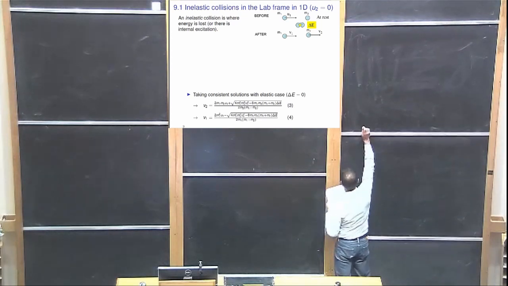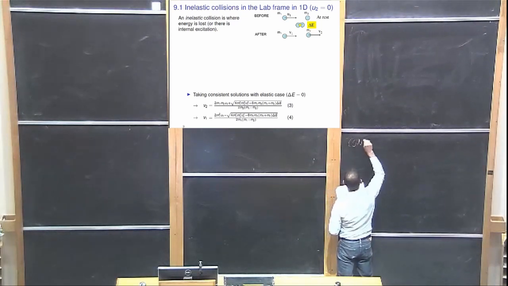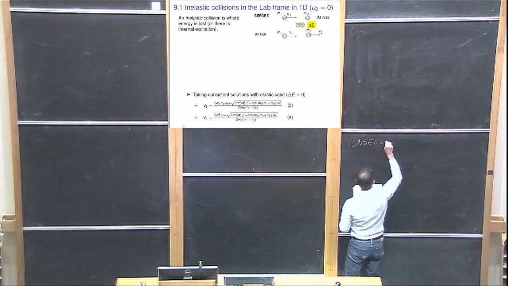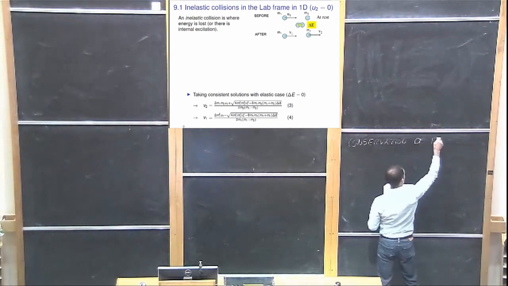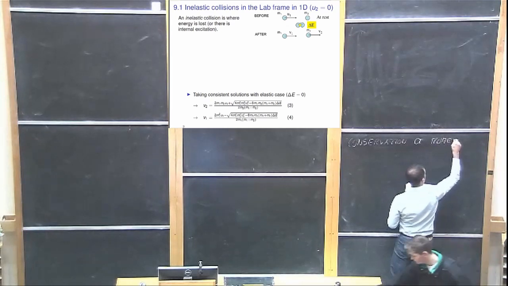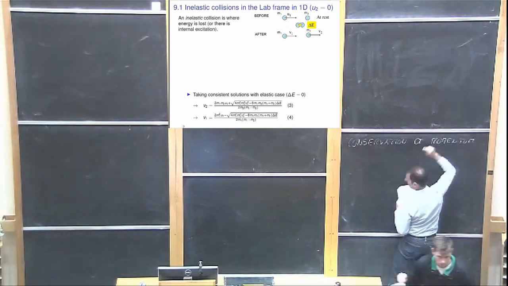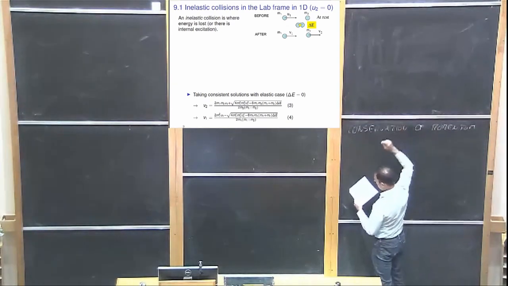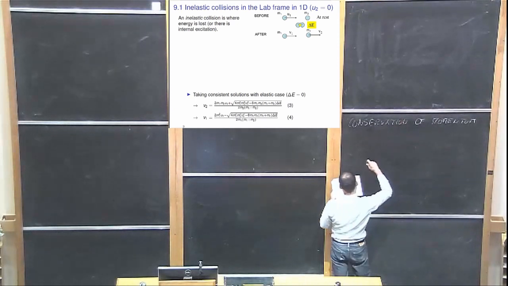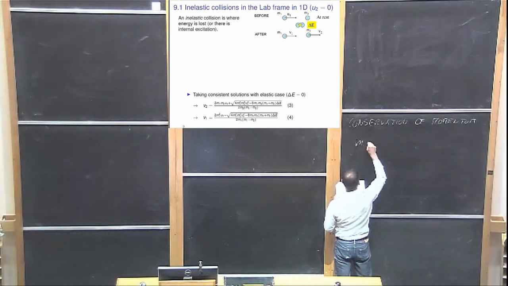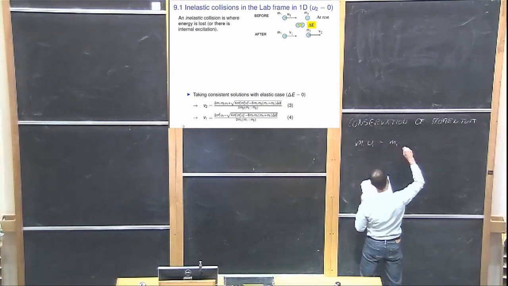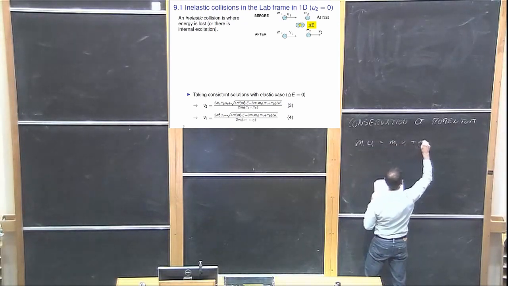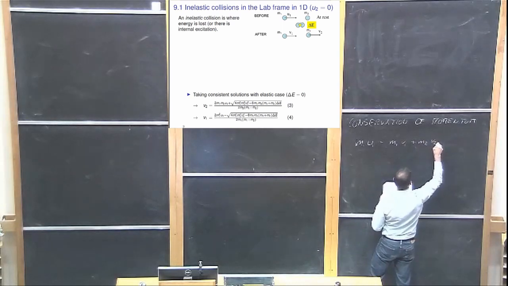We've got the conservation of momentum: m1 u1 equals m1 v1 plus m2 v2.